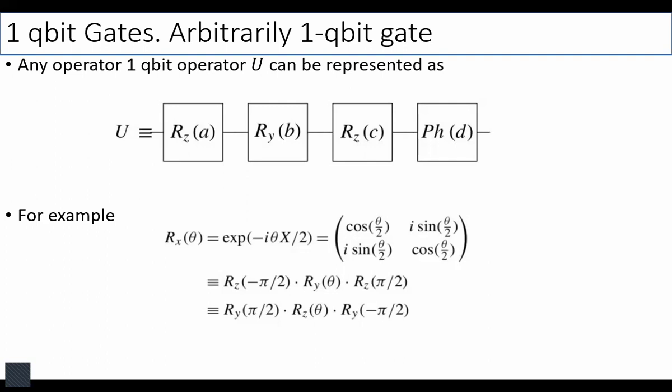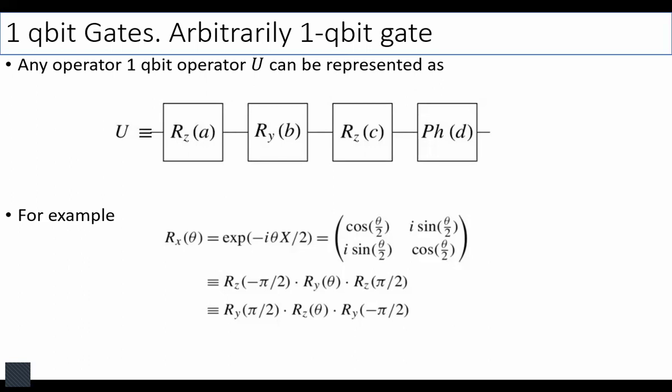You cannot cancel them, because those operators do not commute, and you cannot change the order of them. This is a very important concept: not all 2-by-2 matrices commute.